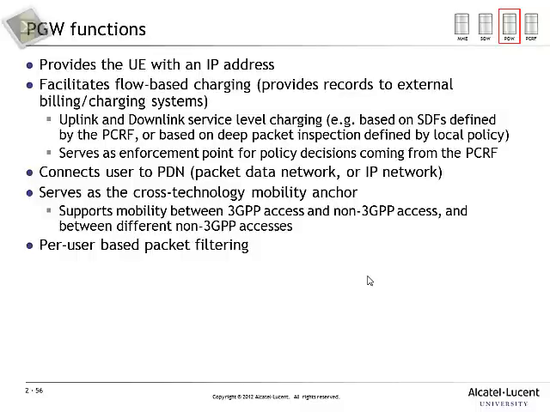So you could do both uplink charging and downlink charging for a particular user. Remember, in order to charge a user, you need to be able to count packets that are going in and out for a particular UE. So the PGW is a guaranteed point through which packets will go in and out. That's a good place to do charging.